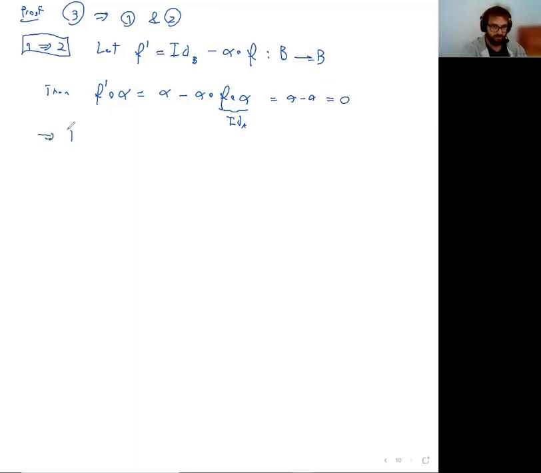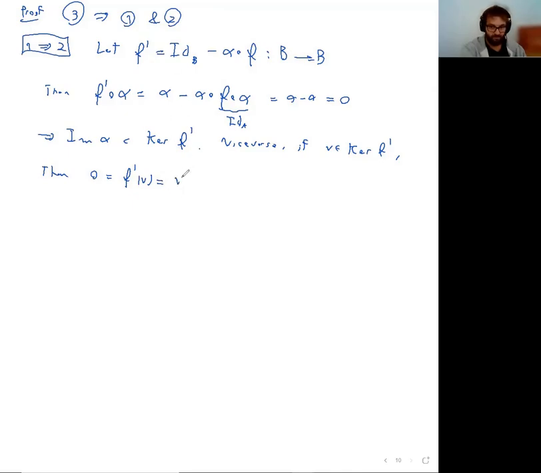What does it mean? Well, this means that the image of alpha is contained in the kernel of this F prime. And actually, I want to prove that they're the same. So vice versa: if I have an element v in the kernel of F prime, then 0 is F prime of v.